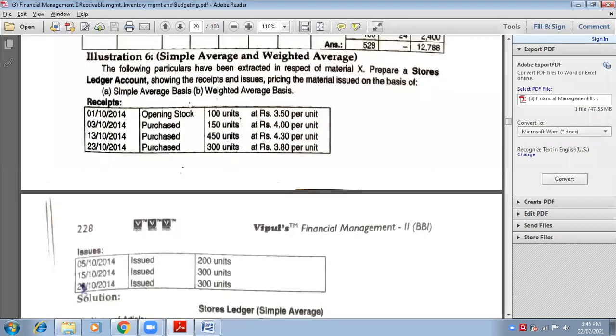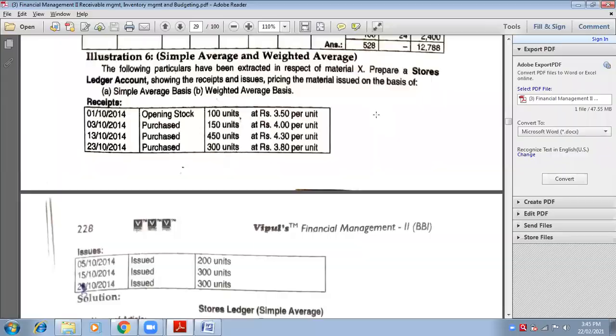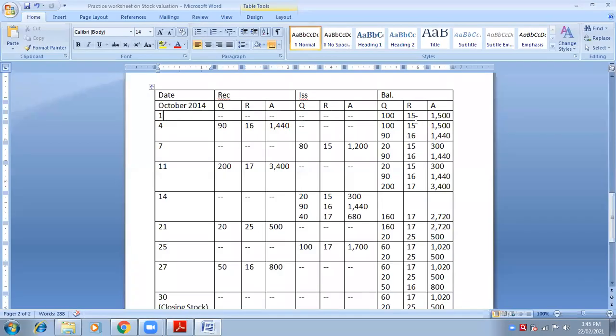So first October 2014, opening stock 100 units at the rate 3.50. So what we have to do on 1st October, first date, come to the next line, write down number 1. Receipt will be nil, issue will be nil, come in the balance column. 100 units at the rate 3.50.